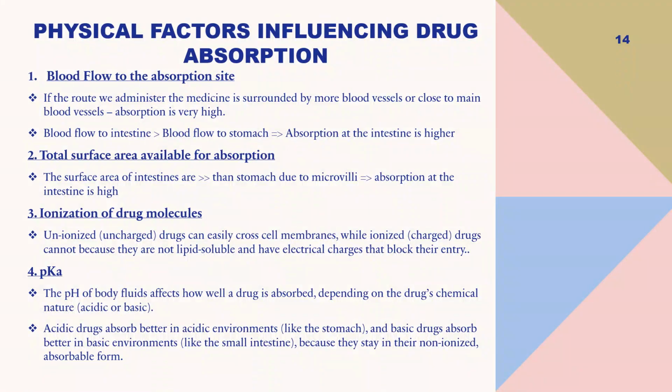If the drug is acidic or basic, its absorption is affected when compared to the pH of the body fluids around the absorption site. Acidic drugs absorb better in acidic environments such as the stomach. As you might already know, gastric fluid is acidic. So acidic drugs are going to dissolve better in the stomach, hence increasing absorption.